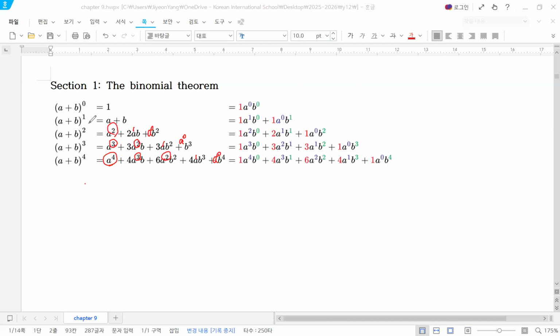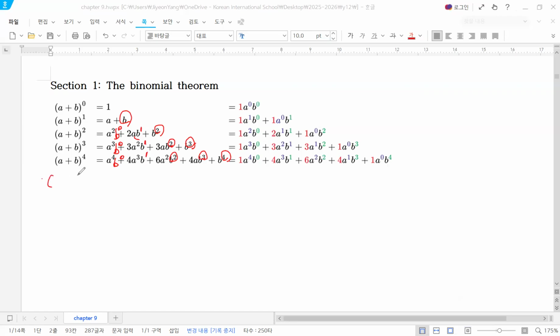When it comes to b, it's ascending order: b to the power of 0, b to the power of 1, b squared, b cubed, and b to the power of 4. Can you see that?